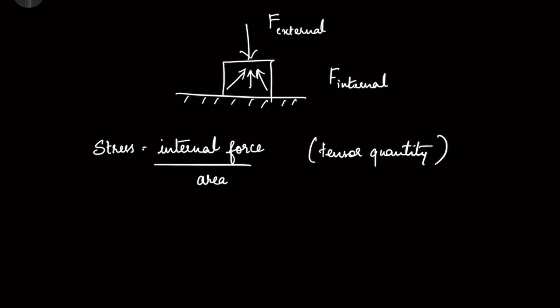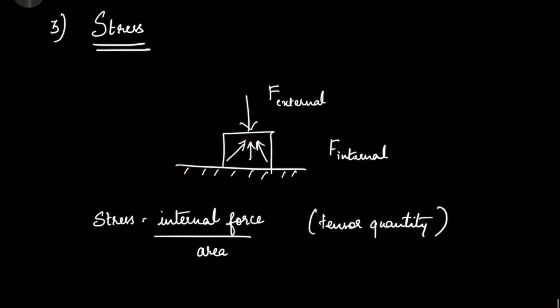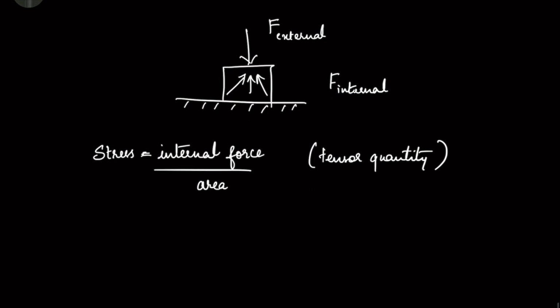Because this internal force is actually acting to reshape the object. So whenever I apply an external force, internal force tries to make it back to the original shape, right? So that's why it is coming from different directions, and therefore stress is a tensor quantity, and it has a unit Newton per meter square.